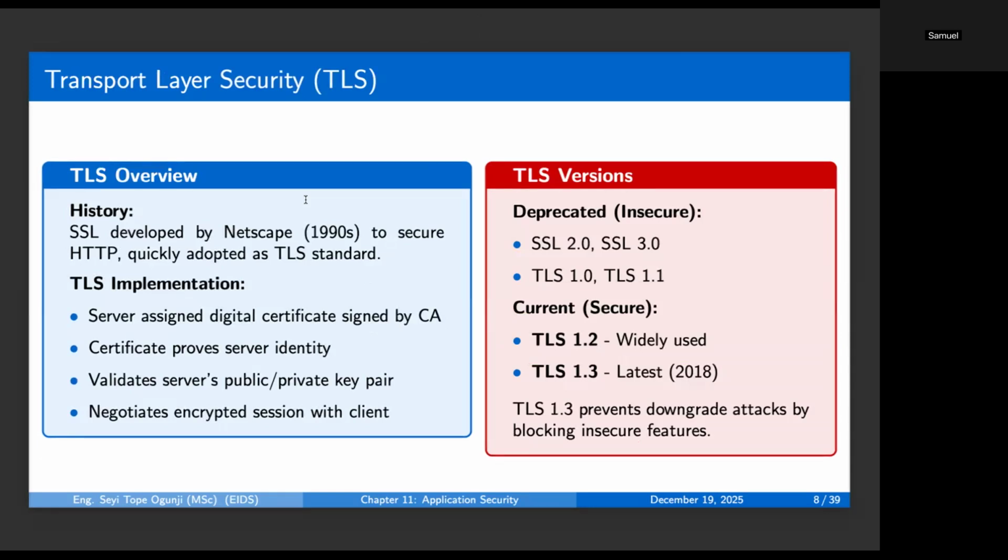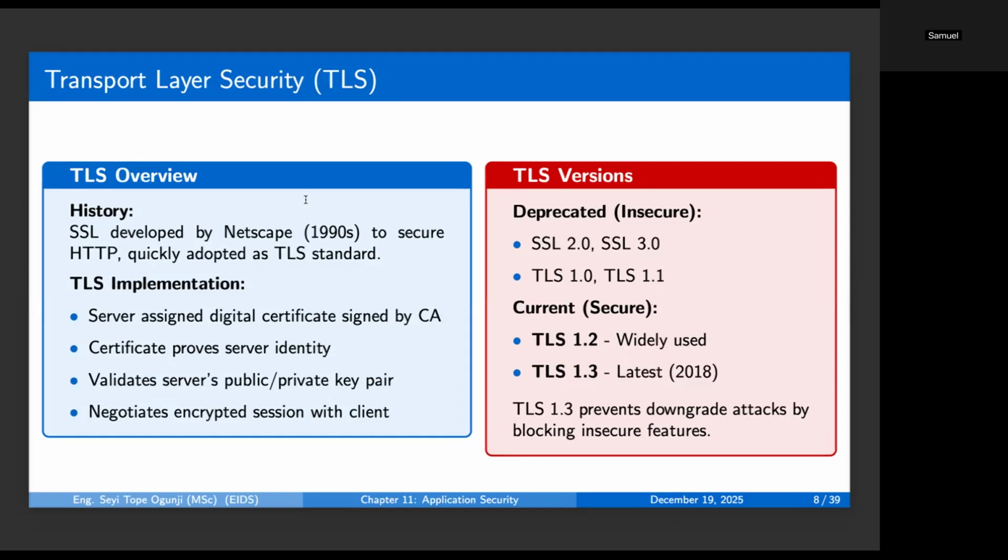And of course, as we know, with every technology there is always improvement based on observed vulnerabilities. SSL was designed earlier on to secure the HTTP protocol, but eventually it was quickly adopted as the TLS standard.